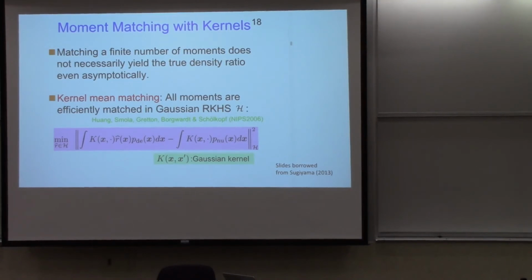In the case of, for example, a polynomial kernel, say you have a kernel of x equal to x1, x2 plus x2 plus x1 x2.